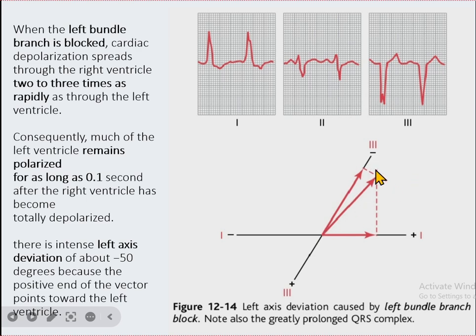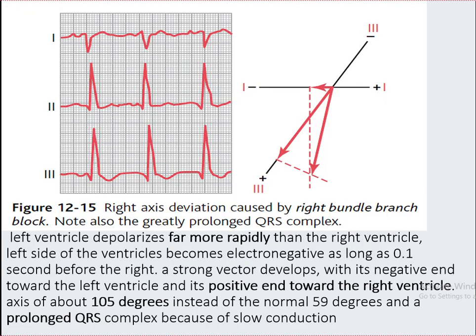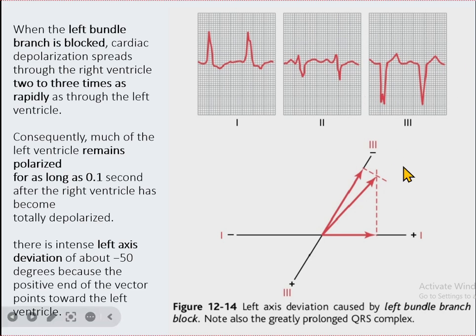This is our mean vector, and it has deviated from where we expect it, now more to the left. Lead 3's negative terminal is on this side. In this case of left bundle branch block, most voltage is moving towards the negative terminal of lead 3.